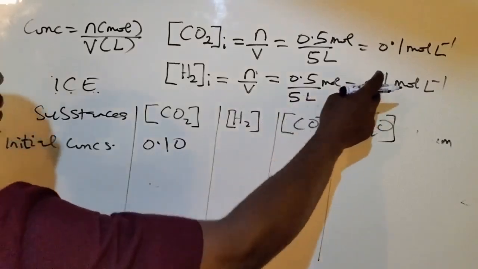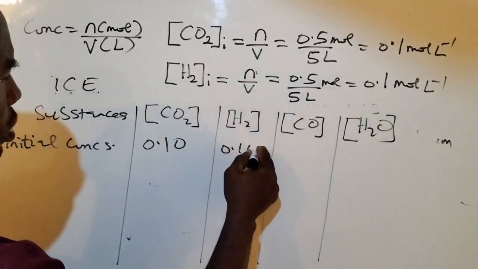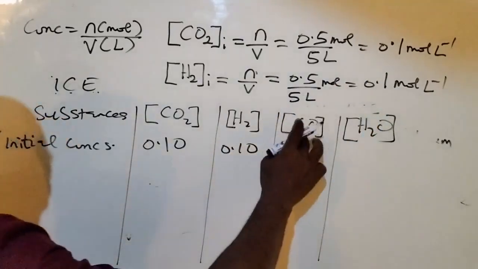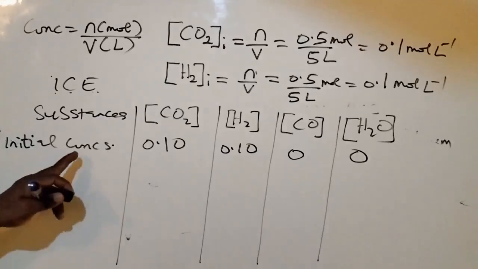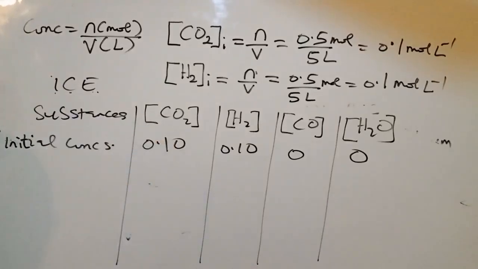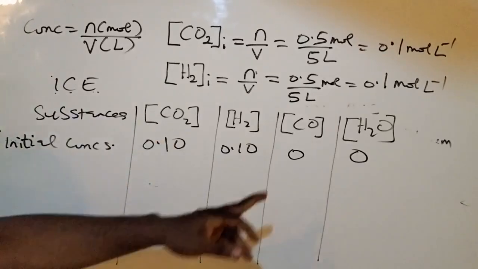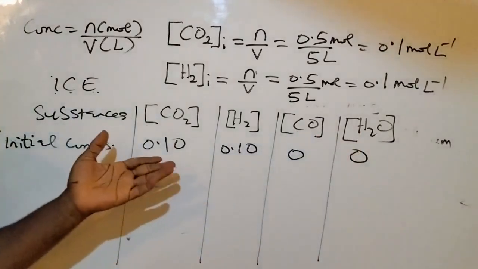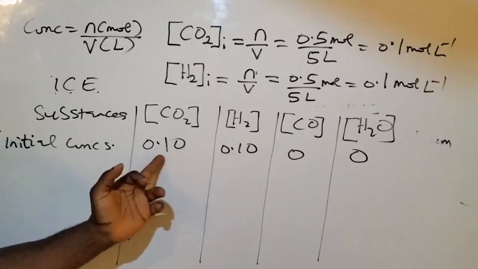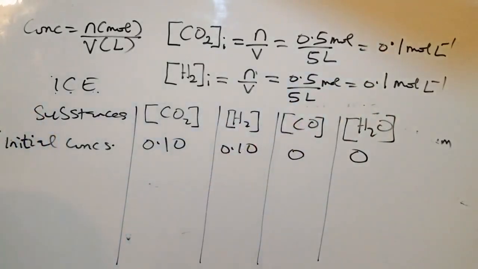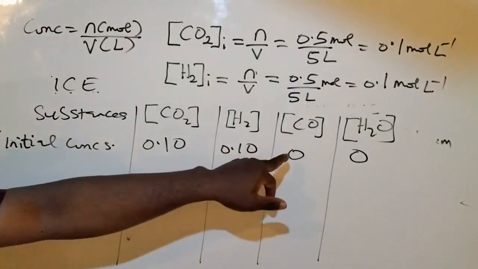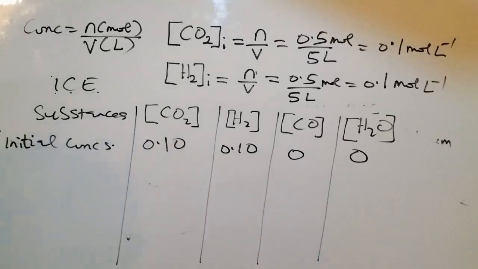The initial concentration of hydrogen is 0.10. The initial concentration of these products will be 0, because what does initial concentration mean? It means the initial amount before the reaction began. So before the reaction began, there was no product formed. The initial concentrations of the two reactants introduced are 0.1 and 0.1. That is why the products have 0 concentration initially.